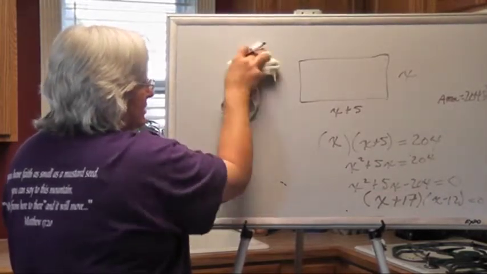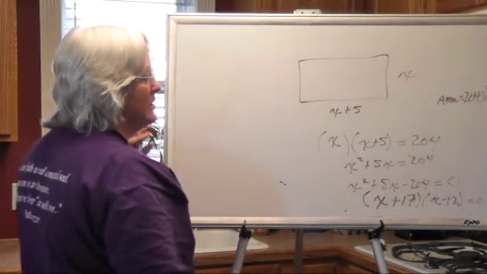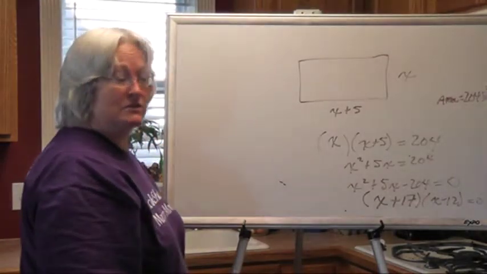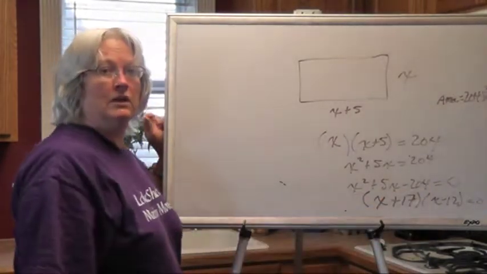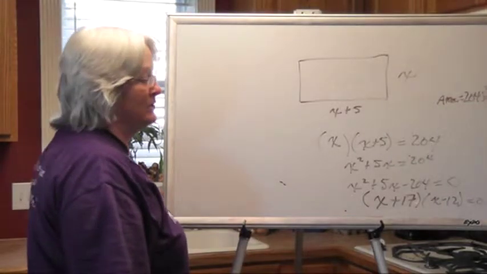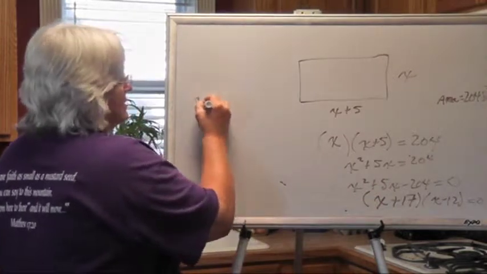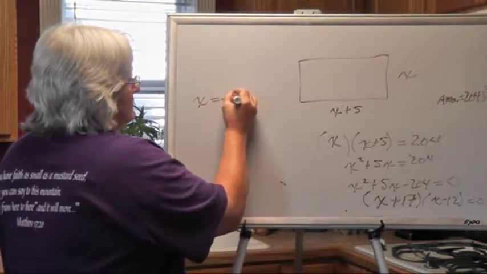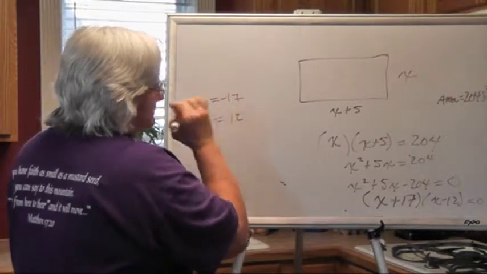The outside product, x times negative 12 is negative 12x, plus 17x gives us 5x. Negative 12 times 17 is a negative 204. So you solve this, and this tells us x is equal to negative 17, x is equal to 12.